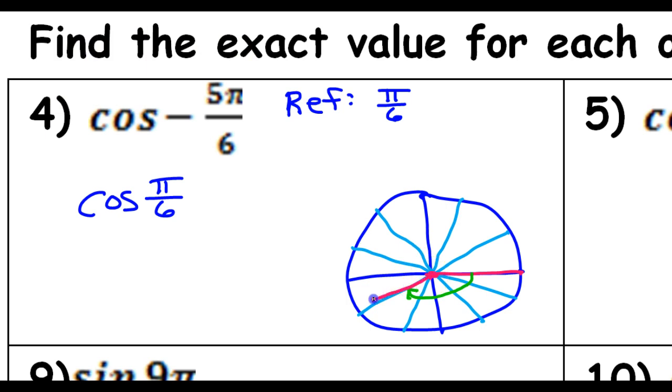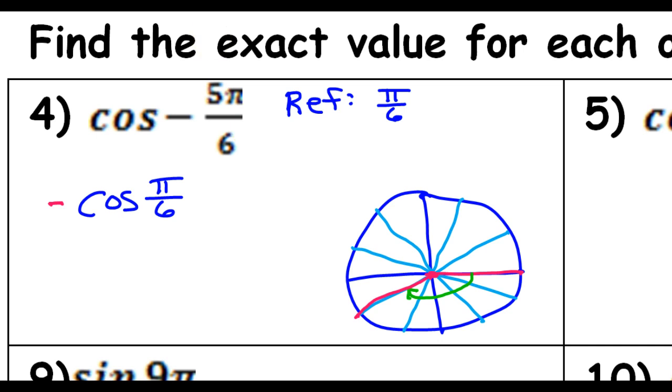So here's a sketch of negative 5 pi over 6. There you see it. But the terminal side is in the 3rd quadrant. Now the cosine on the unit circle is the x value, and x values are definitely negative in the 3rd quadrant because they're to the left. So I will need to stick a negative on here.